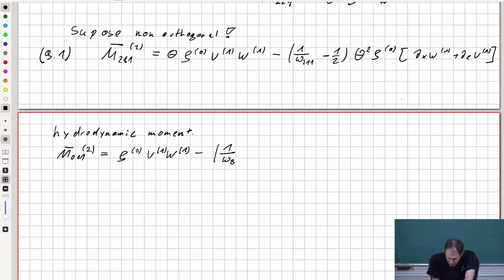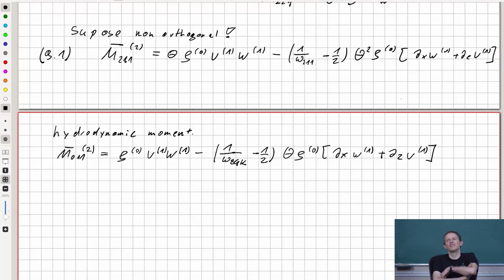The hydrodynamic moment has omega BGK. Otherwise, we don't get to the Navier-Stokes equation, right? Minus 1/2. Here comes theta rho 0 order and dx W to first order plus dz V to the first order. So why am I showing you all of this?